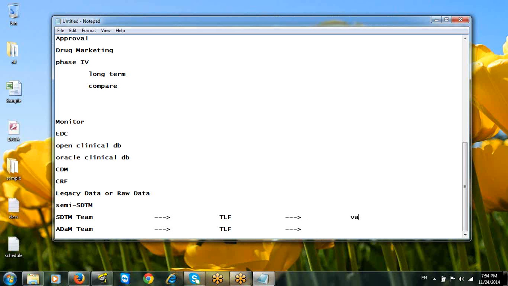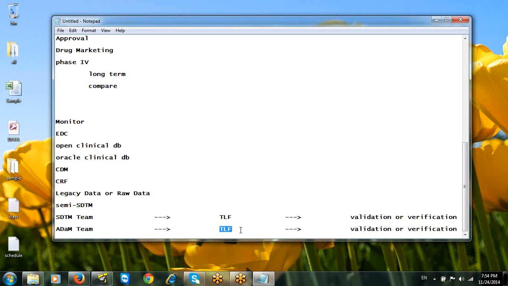do the validation, or rather, the better word is verification. Once the tables are prepared and the data sets are created, from them we generate tables, listings, and figures.